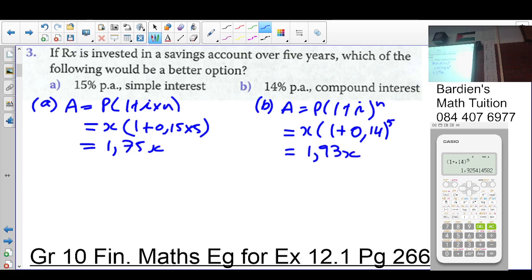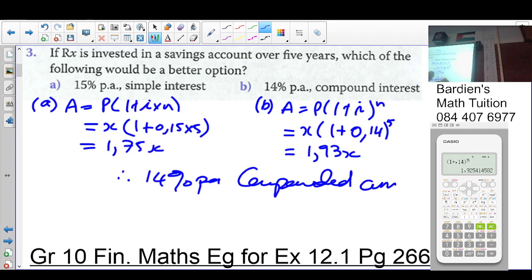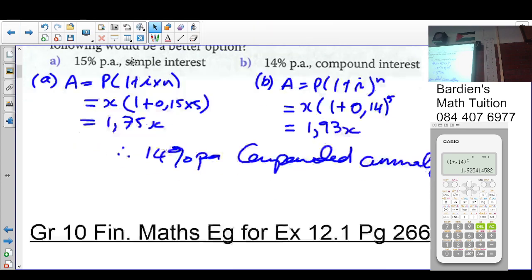So which one is better? Therefore, 14% per annum compounded annually would be a better option. Or you can just say B is the better option. Do you guys understand? Right, let's carry on.